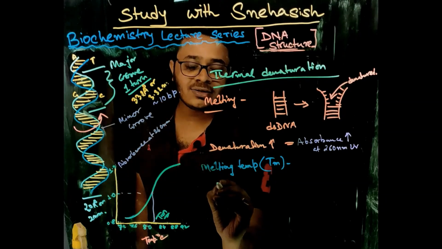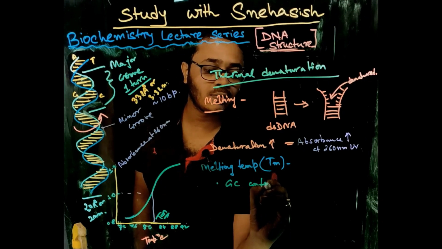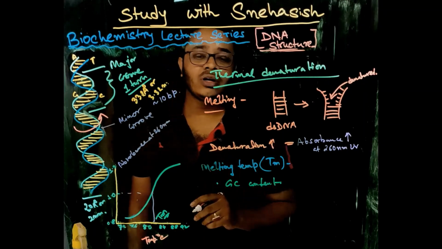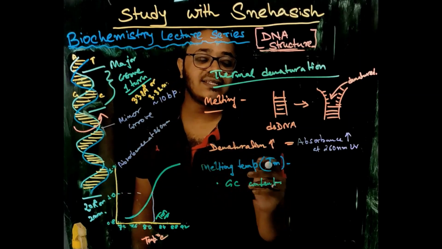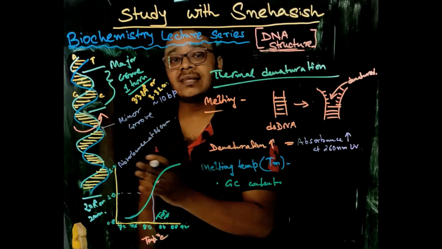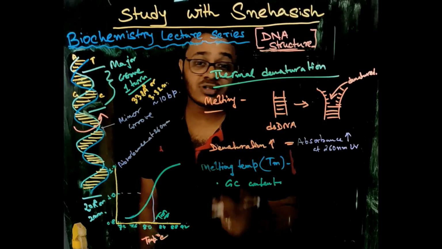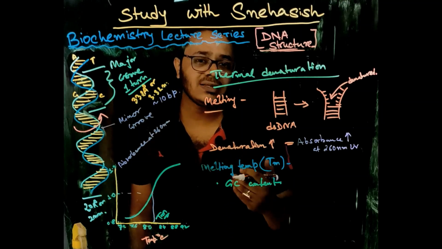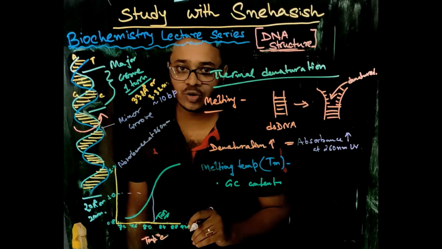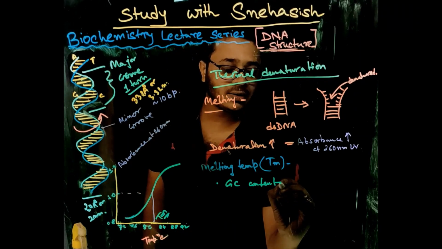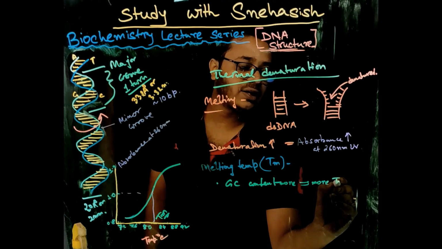What are these factors? One is the GC content. What happens? More GC means more hydrogen bonds, as GC has 3 hydrogen bonds, whereas AT has only 2 hydrogen bonds. More hydrogen bonds mean more temperature is needed to break the double-stranded DNA molecule. So more GC content means higher melting temperature.